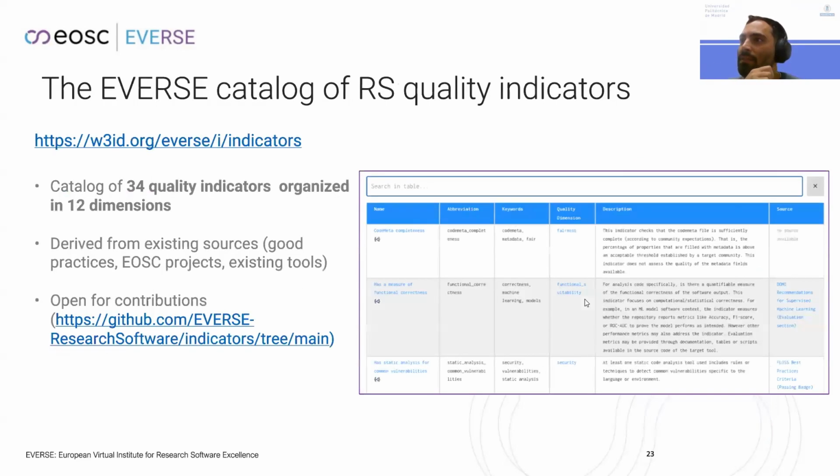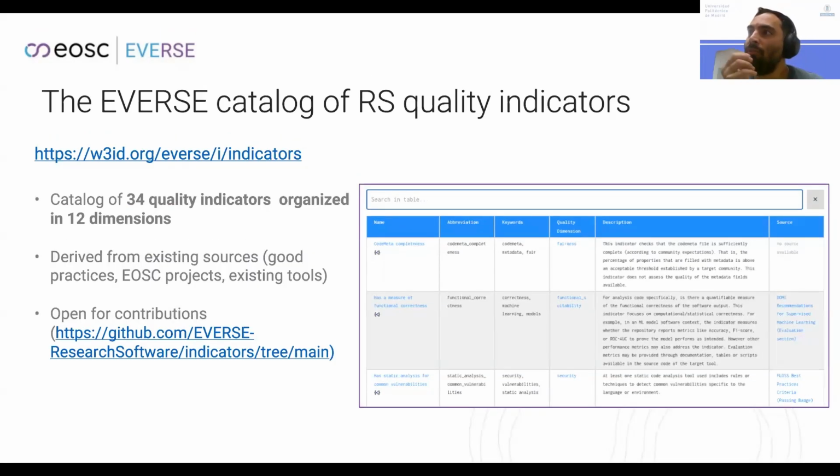Next slide, please. So what we have done is that we have grouped a catalog of research quality indicators that come from the state of the art. Right now, we have a little more than 30 indicators, 34 indicators, organized in different quality dimensions. Most of them come from existing standards.